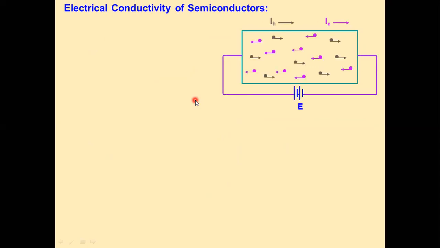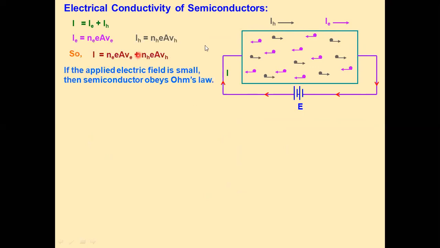Another concept which is very important to understand semiconductors is electrical conductivity, which depends upon the number of carriers. The total current through the semiconductor is the algebraic sum of the current due to the motion of electrons and the current due to the motion of holes. Be careful, there is one difference between metal and semiconductor.